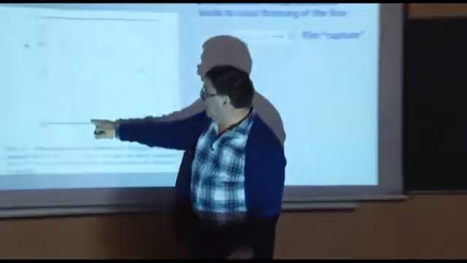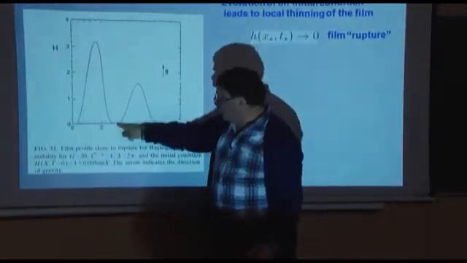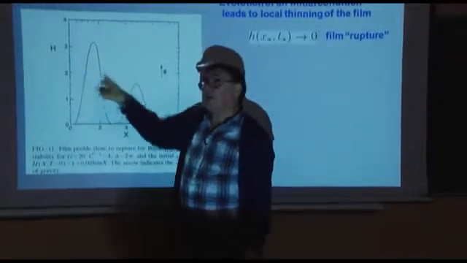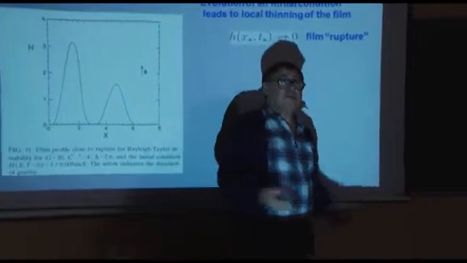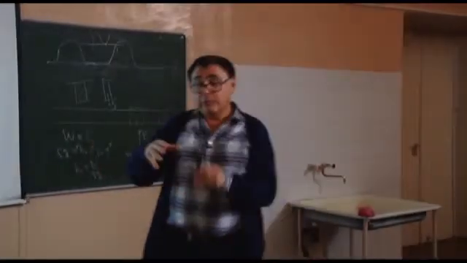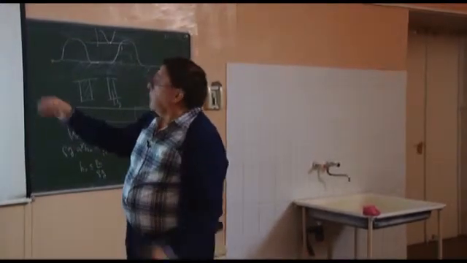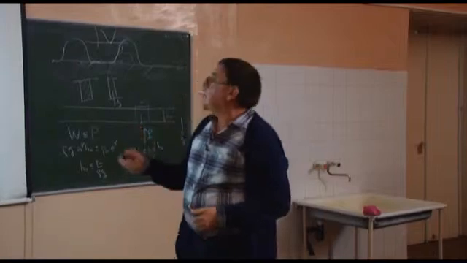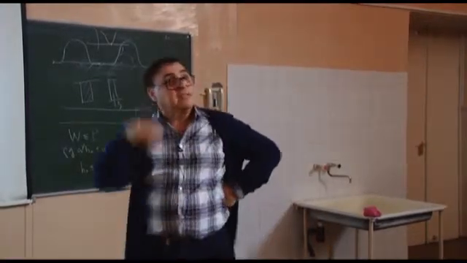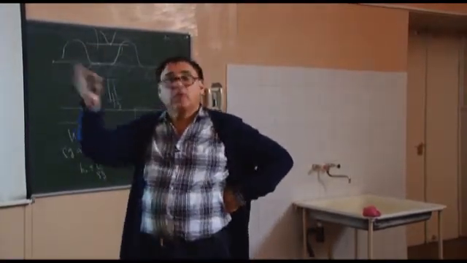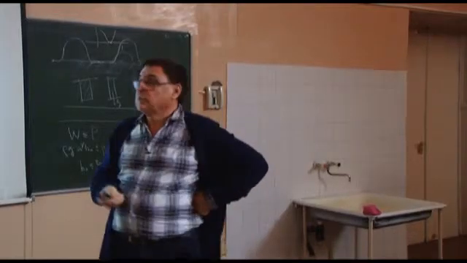Of this little guy in between. So they suck the liquid from here to here and to here. The rich guy becomes richer, and the poor guy becomes poorer until it breaks. Okay, fine. And this is exactly what I said. At some stage, at some time, at some location, there is rupture, and that's the end of the story.